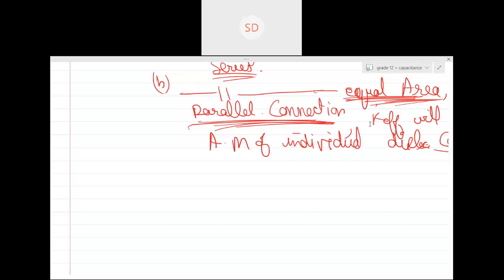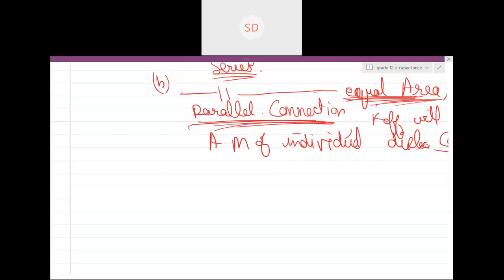I'll give you one sheet which I made myself, with all the diagrams. But those sheets I made only till current electricity, so I couldn't make them after that. I'll provide you those, and you'll be able to do the questions. There are lots of questions in them, no problem.